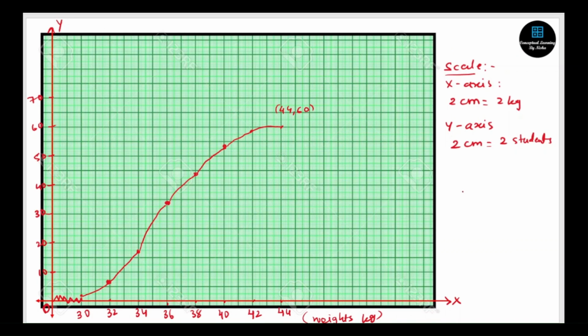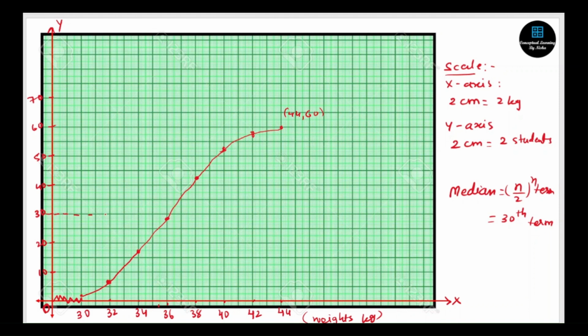So N is 60, and the median is the N upon 2th term. 60 upon 2 is the 30th term. You have to find the 30th term using this graph.